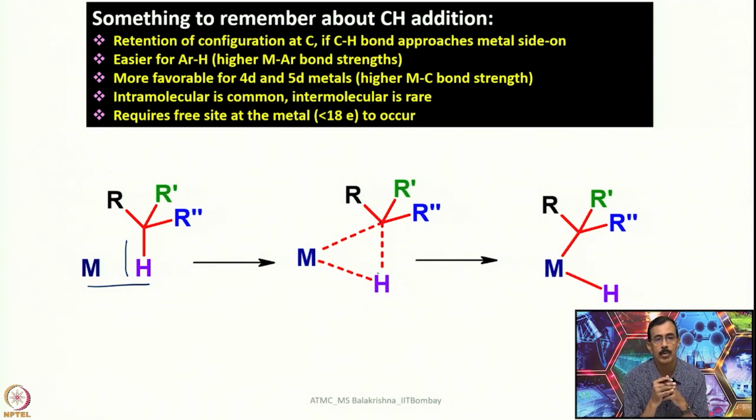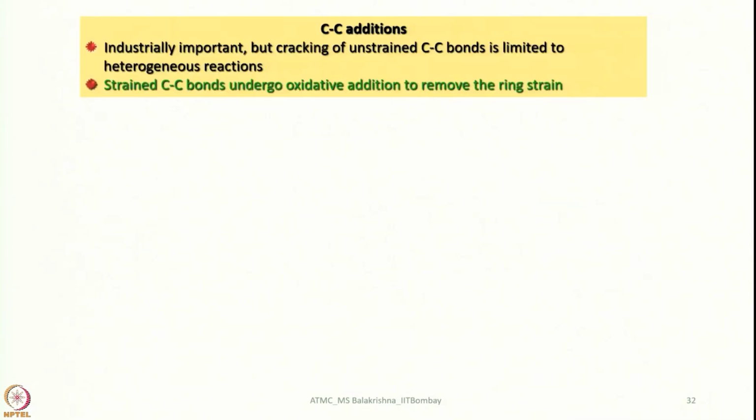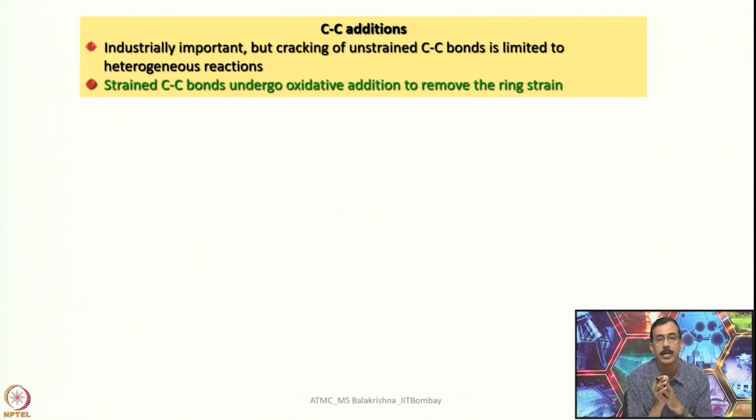It is more favorable for 4d and 5d metals because they have higher metal to carbon bond strength. Intramolecular is common, intermolecular is rare, and requires a free site at the metal to occur.